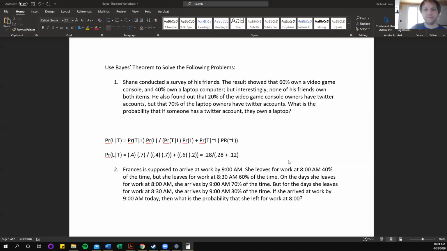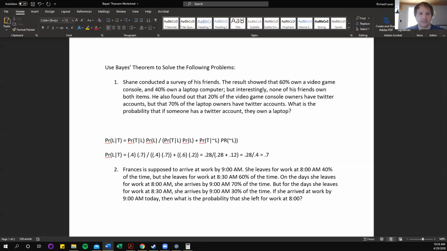Okay, so we have then 0.28 divided by 0.28 plus 0.12, which in turn is equal to 0.28 divided by 0.4, and 0.28 divided by 0.4 is 0.7. So it's actually pretty good evidence in this case.